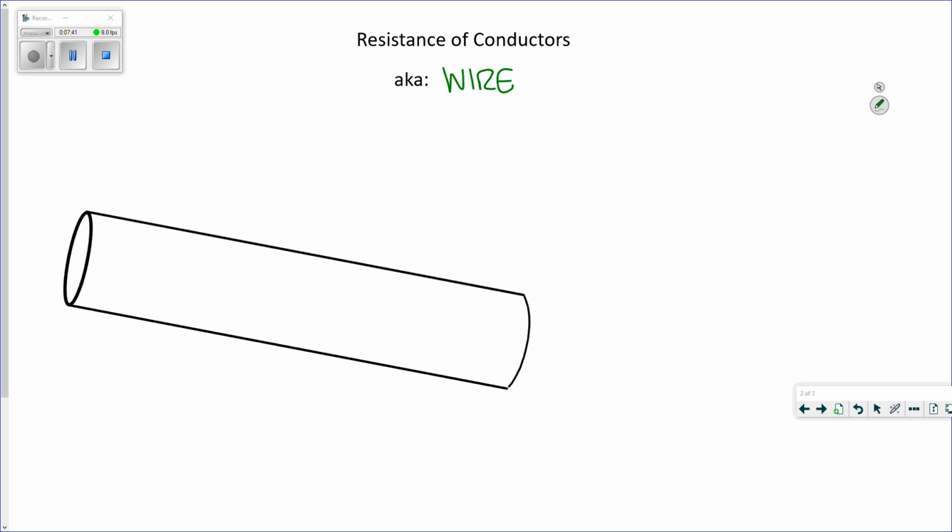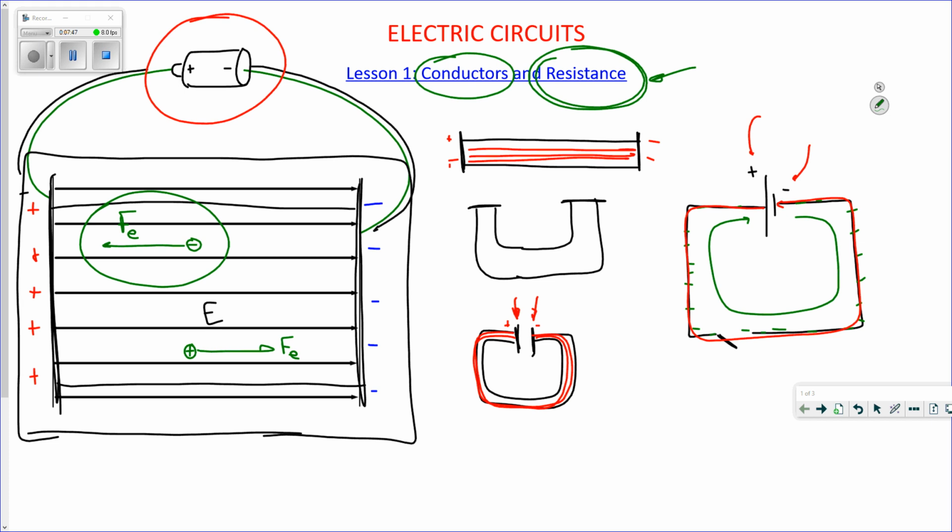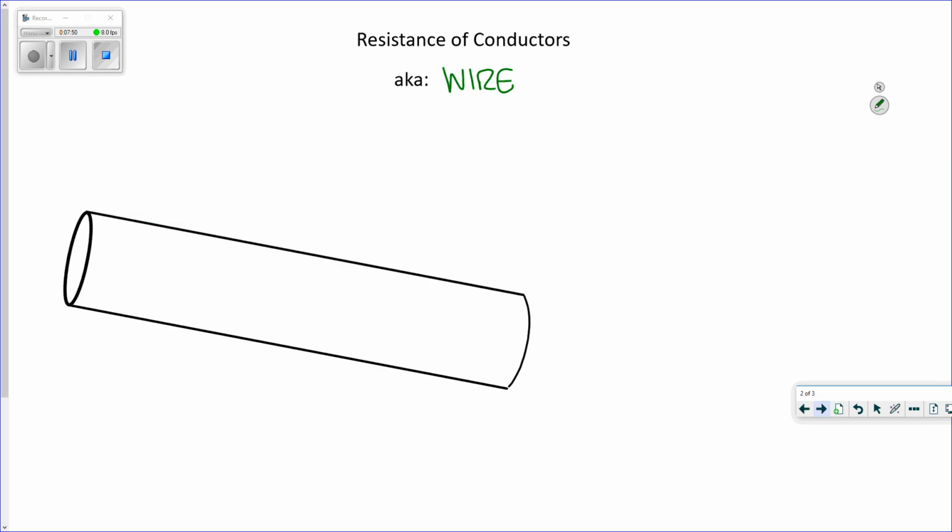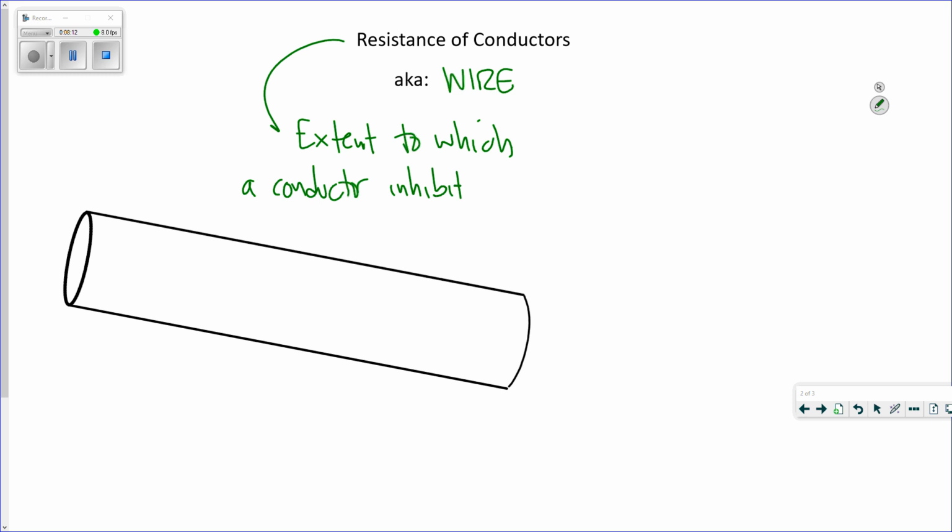Wires are made of metal. All right, and this is a zoomed in section of the wire. A nice straight section of wire. Now, this wire and all wires have some amount of resistance. All right, so resistance, let's define as the extent to which a conductor inhibits the movement of charge.